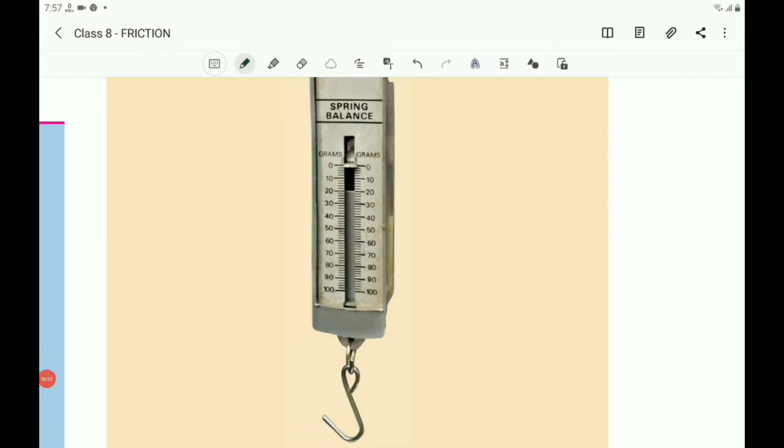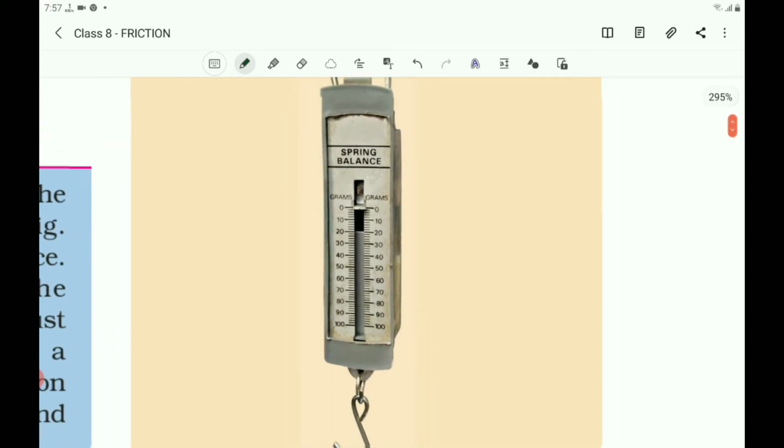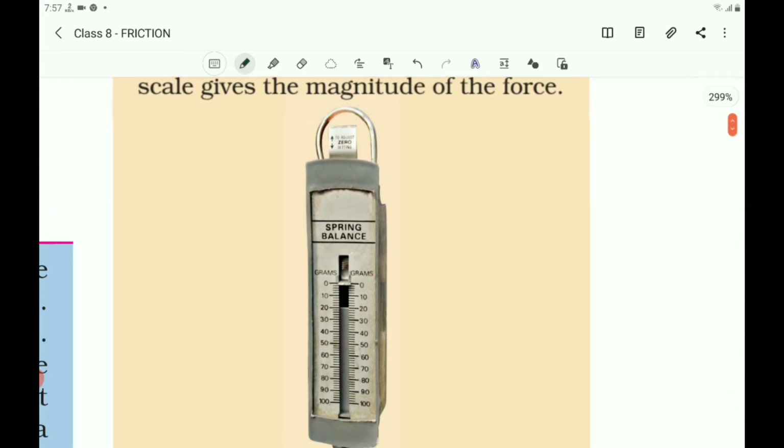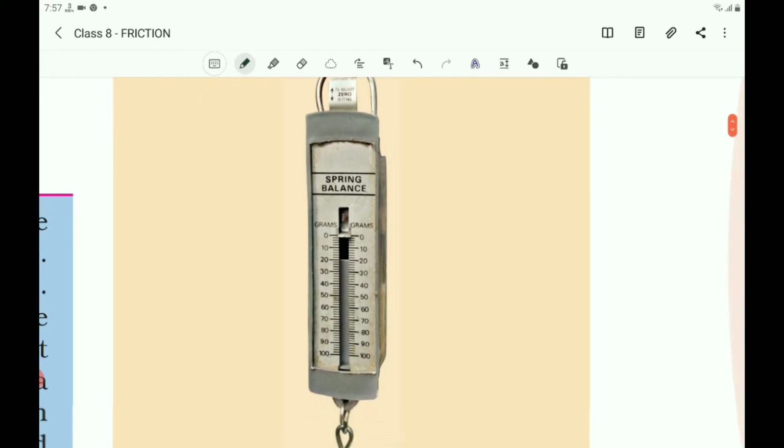Children, let us find the factors affecting friction, and now let us discuss the spring balance. So what is a spring balance? It is a device used for measuring the force acting on any object, and also it is used to find the weight of the object.